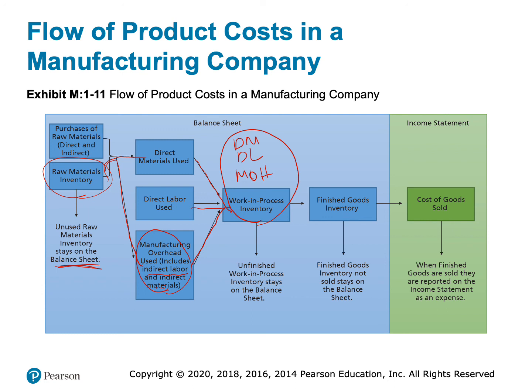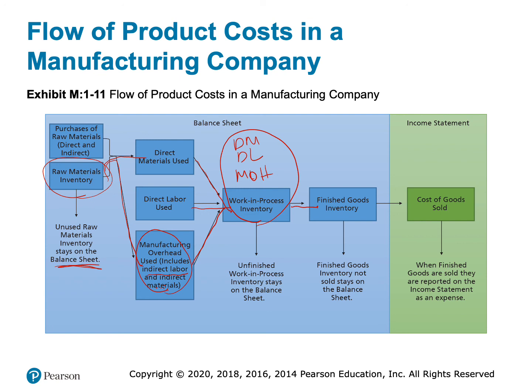Now, as I finish the good, as it gets to the end of the conveyor belt, so to speak, then we move those out of work in process into finished goods. The stuff that isn't finished stays in work in process. So finished goods, think about it, this is the stuff that's moved to the showroom floor, to the sales floor. It's going to sit there in finished goods until it sells.